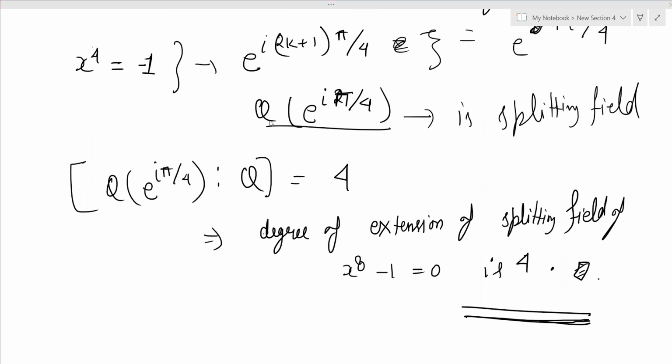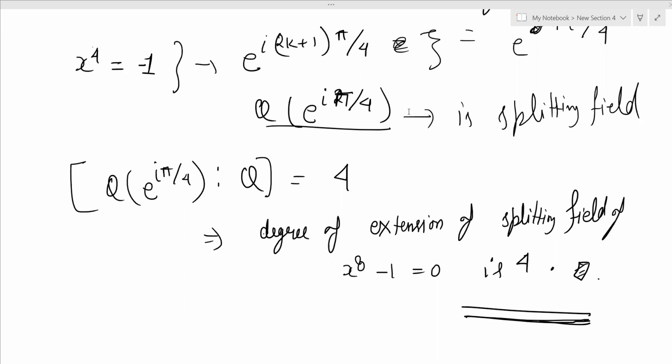Okay. So with this we will finish here, but I just want to comment that in case of x to the power 4 minus 1, the degree of the splitting field is 2, and in case of x to the power 8 minus 1, the degree of the splitting field is 4, which are the same as phi of 4 and phi of 8.